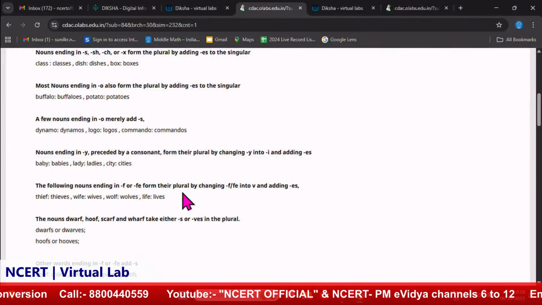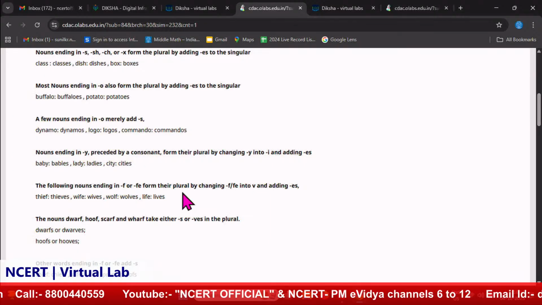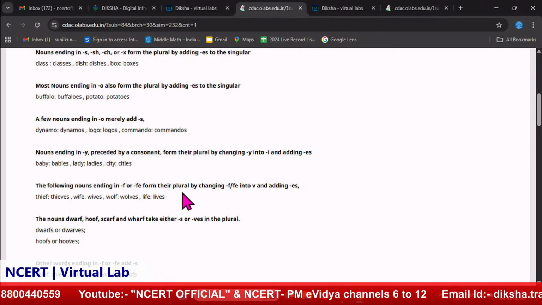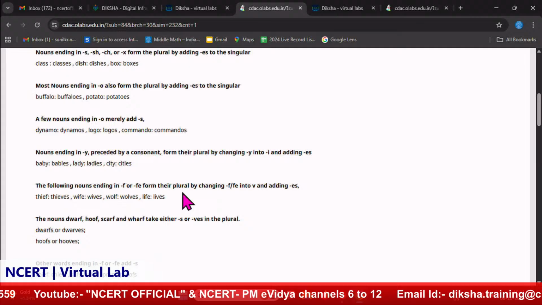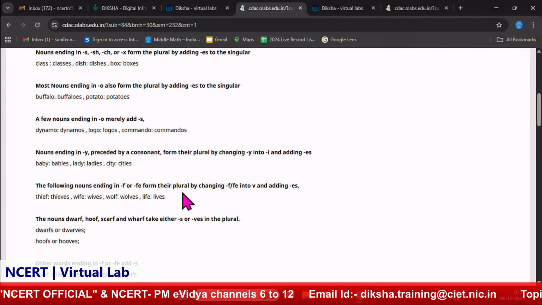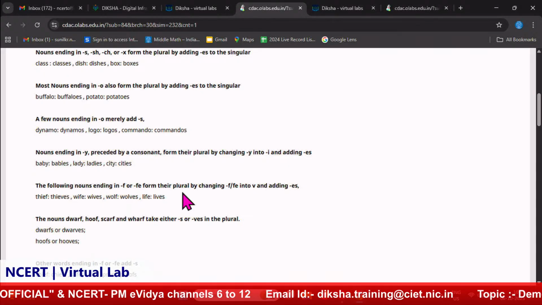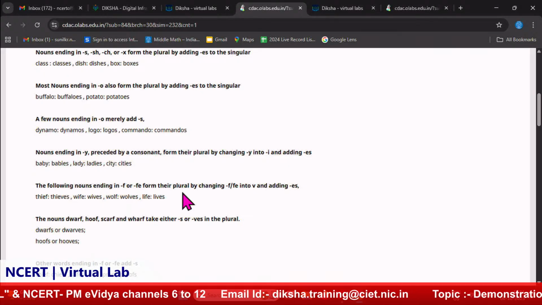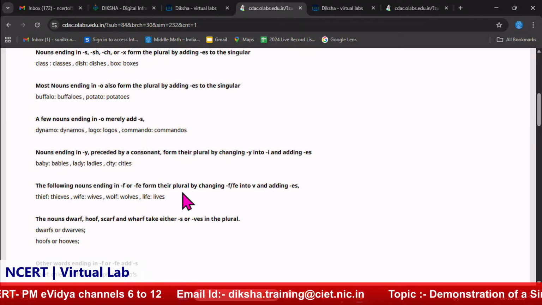It's difficult to say thiefs, it naturally becomes V in our pronunciation, and this is why it follows the phonetic pattern. So thief becomes thieves, wife becomes wives, wolf becomes wolves, life becomes lives, knife becomes knives, and so on. And similarly, other words ending in F, dwarf becomes dwarfs, hoof, the hoof of cows, which is the feet of cows, hoof becomes hoofs, and so on.